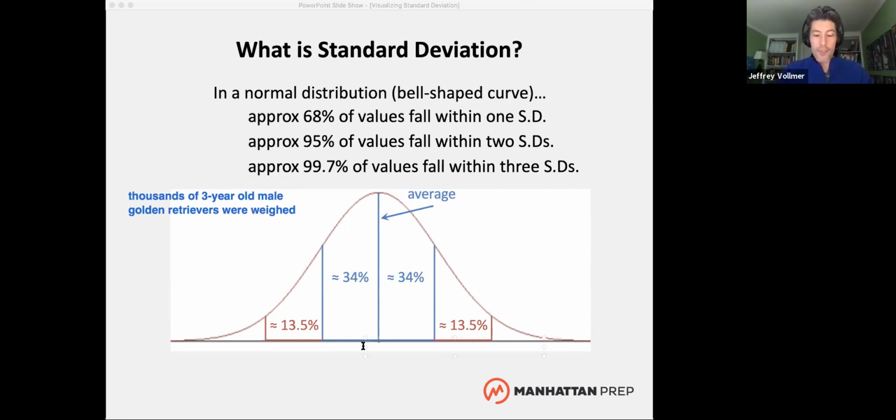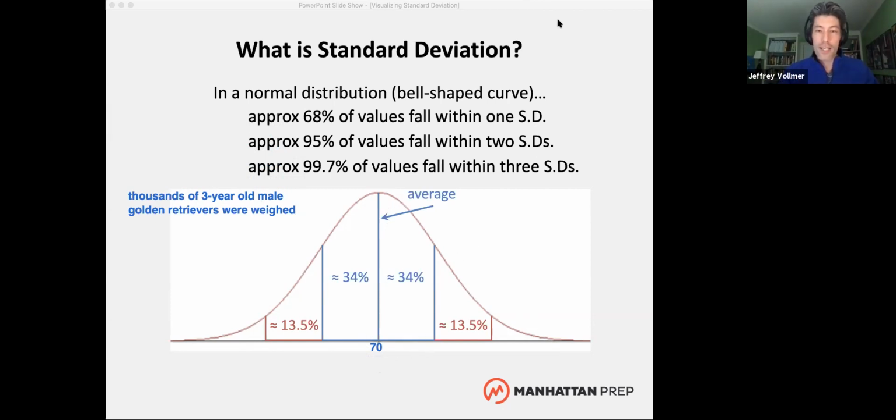Let's say the average weight was 70 pounds, and their weights are distributed so that 70 is the most common weight. As you get further and further away from 70, the weights get rarer.